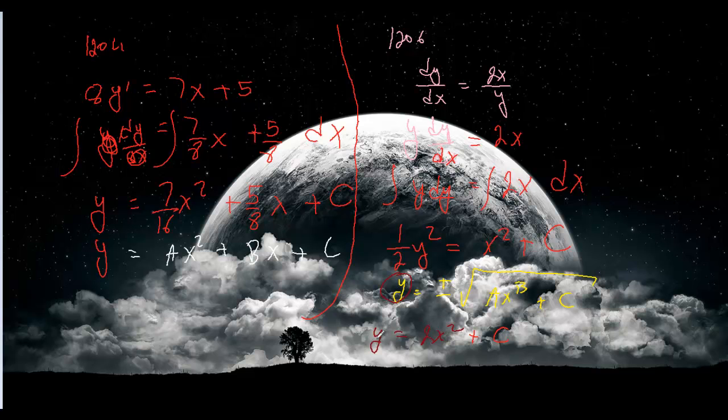So let's take the square root of both sides. We're going to get y is equal to plus or minus the square root of 2x squared plus c, and that is indeed what Charlie wants. A is 2 and b is 2. So now we are done with that problem.